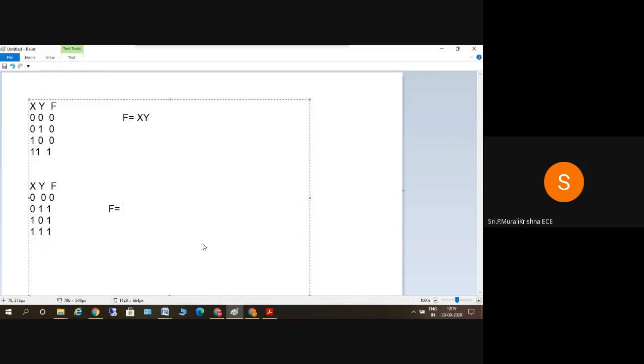If you want to prove this, you can take it as an assignment: prove this as X bar Y plus X Y bar plus XY.